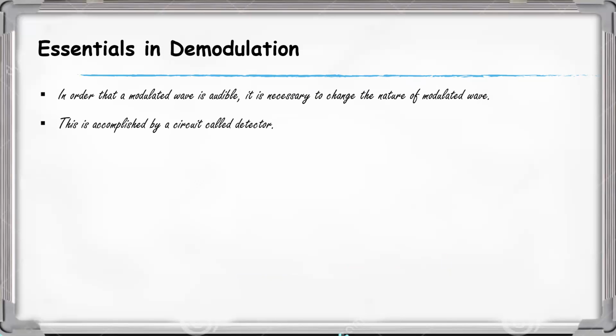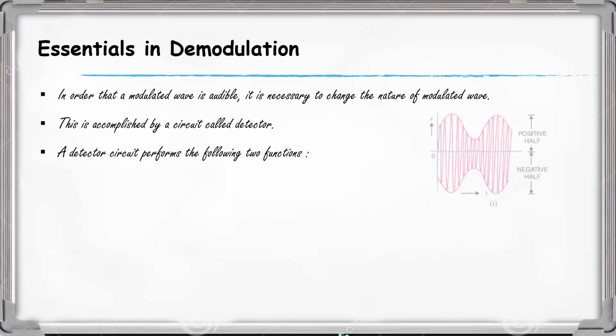One is the upper side band and the second is the lower side band. So a detector circuit or a demodulation circuit performs the following two functions.